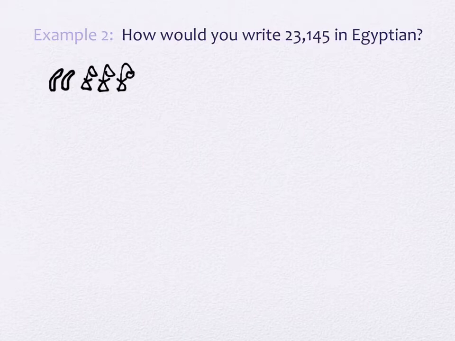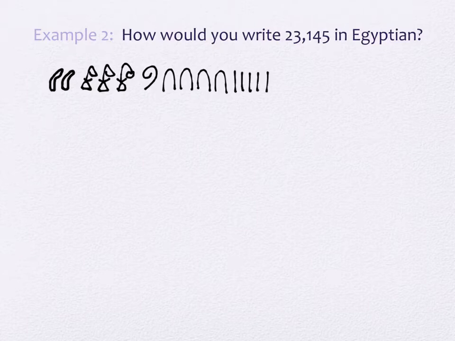How about the 1? 1 scroll. What's next? The 4. 4 heel bones. And the 5? 5 staffs.